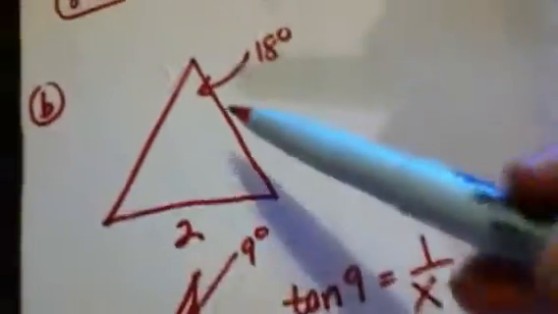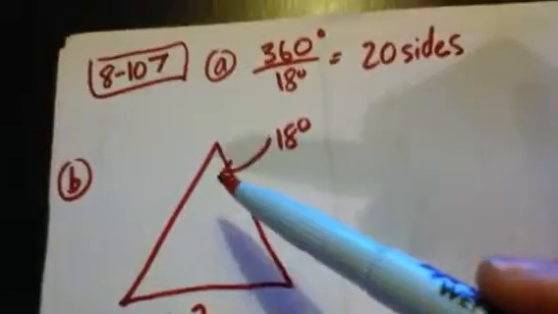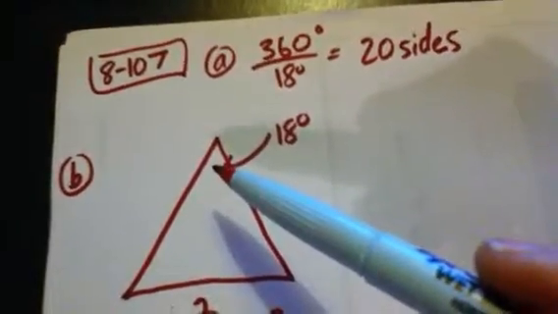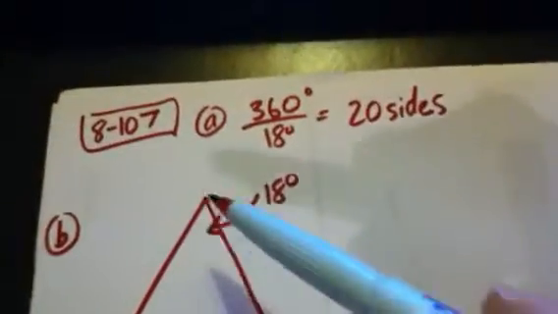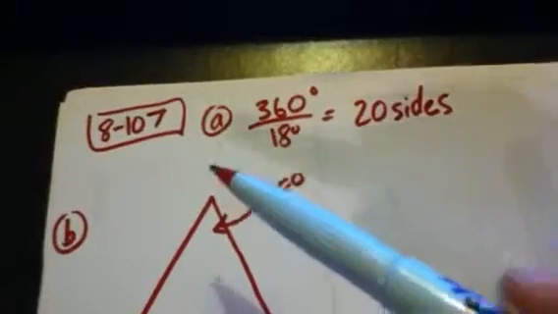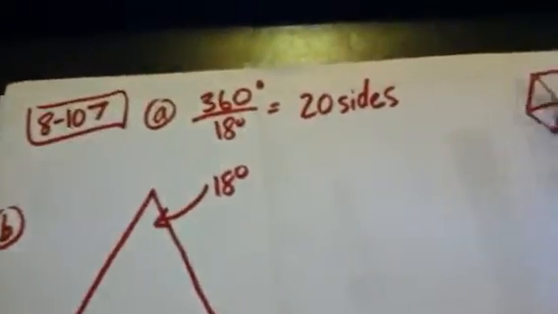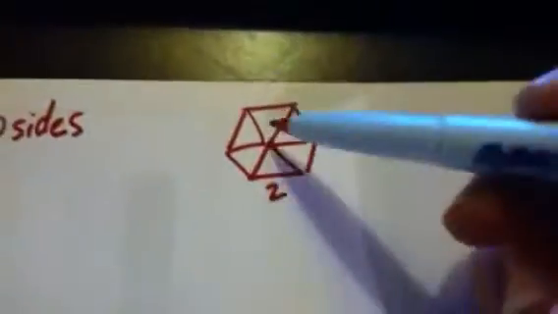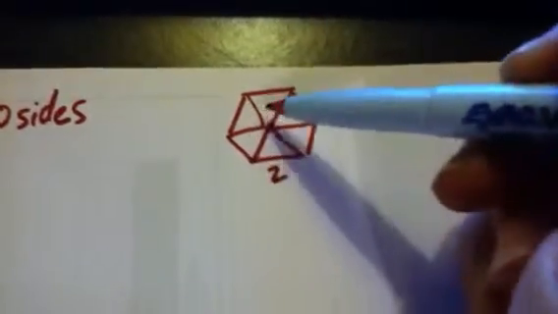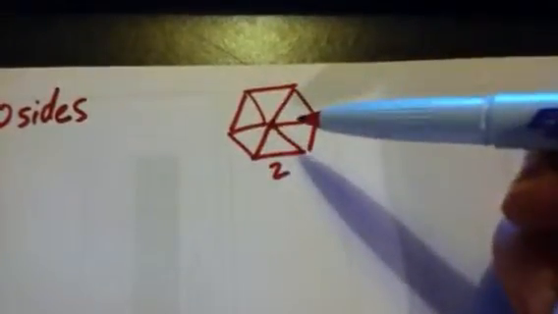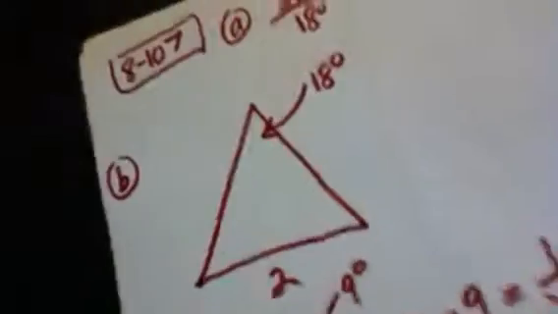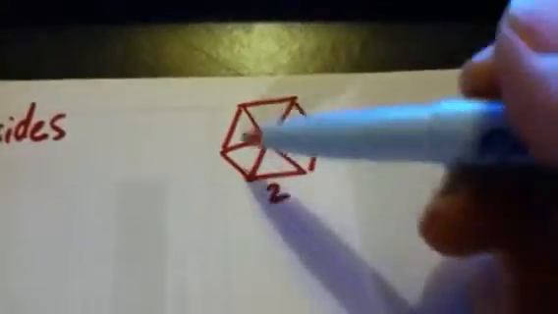So I put it over here already, and there's the side length down there. I can get this degree measure by dividing 360 by 20, and I get 18, because there are 20 little triangles.